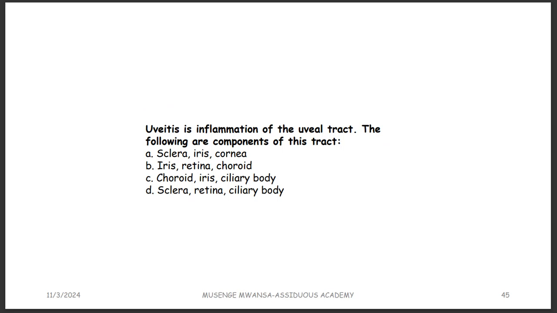Uveitis is inflammation of the uveal tract. The following are the components of this tract. Which ones are the components of the uveal tract? So there is C. Is there anyone who has got a different option?